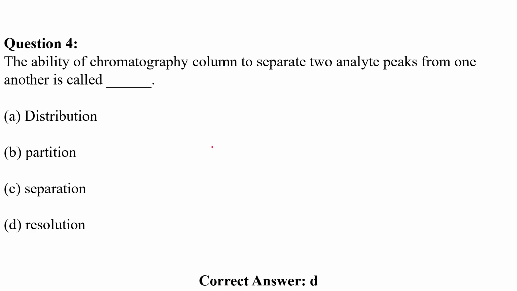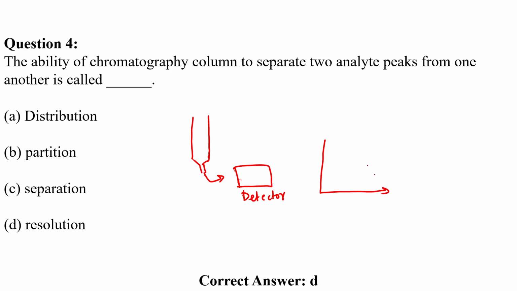Basically, if I have a chromatogram, whenever I am doing column chromatography, whatever is eluting out of the column is going to a detector, right? And whatever detection method we are taking, the detector will detect the compounds and give the peaks for each compound.